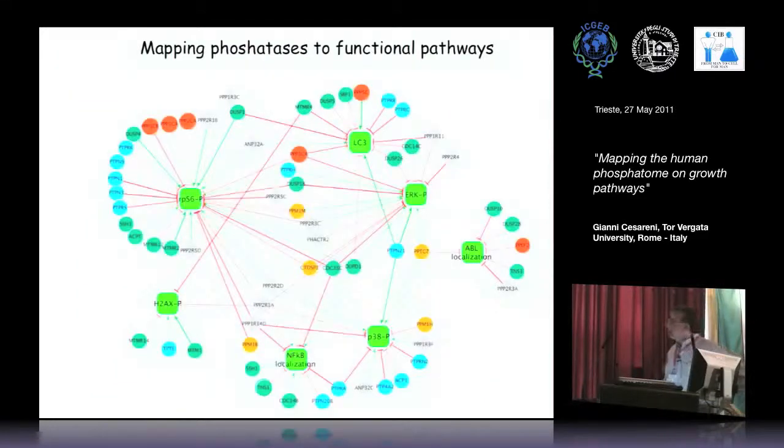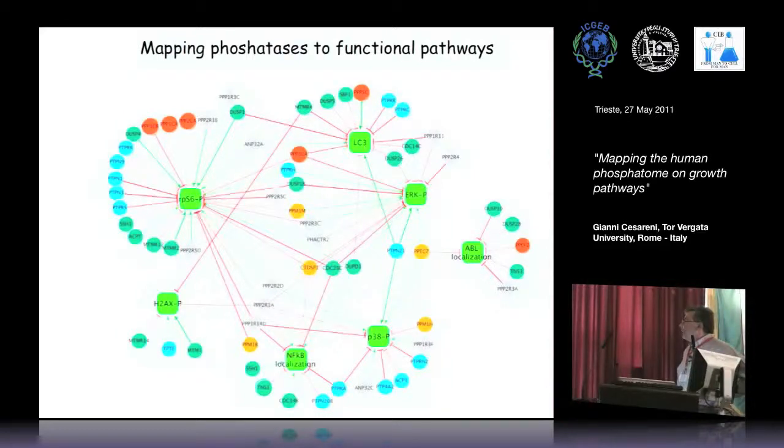So this is another way to represent our results. As you see, the activity of sentinel proteins, phosphorylated S6, LC3, and so on, are represented as nodes in the graph. The phosphatases that affect these phenotypes are also represented as nodes, linked to the phenotype nodes.